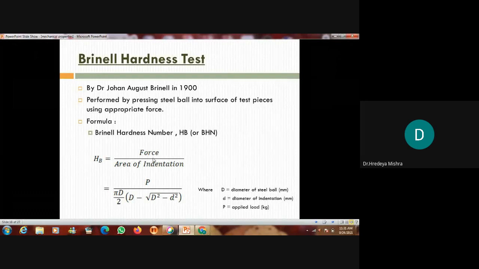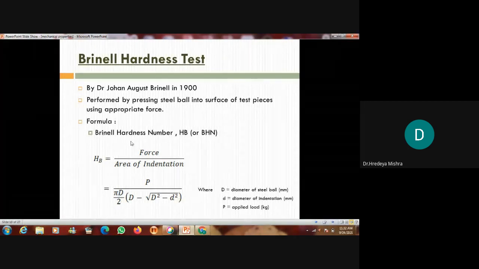So there is a formula: force P, pi D by 2, in brackets capital D minus under root D square minus small d square. That is the formula. Capital D, the ball diameter, is fixed, so there is no problem for that.